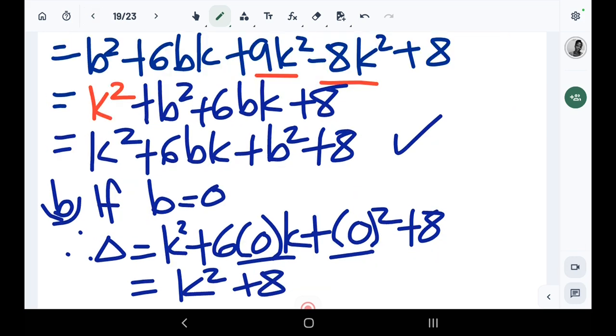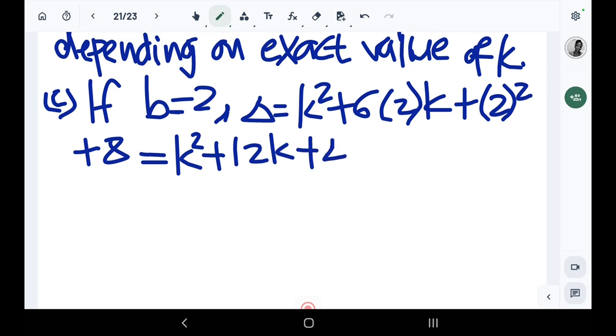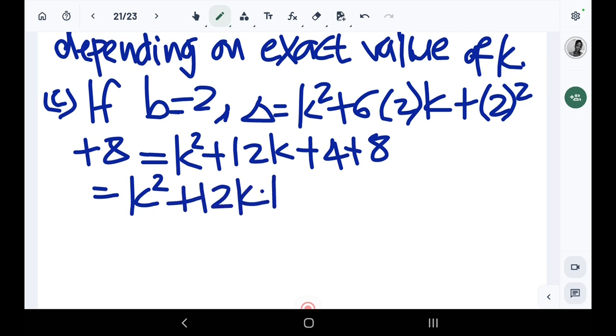Let's go back to that discriminant. There it is. So that will be 2 and 2 squared. All right. So that is equal to k squared plus 12k plus 4 plus 8, which is equal to k squared plus 12k plus 12.